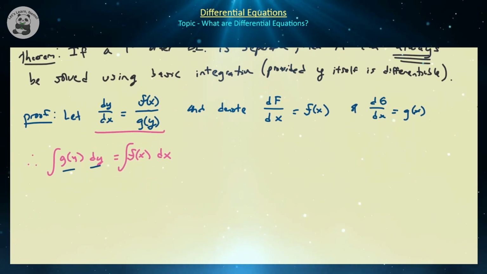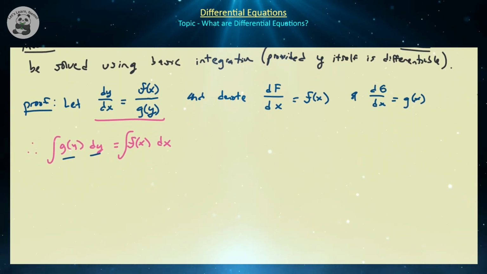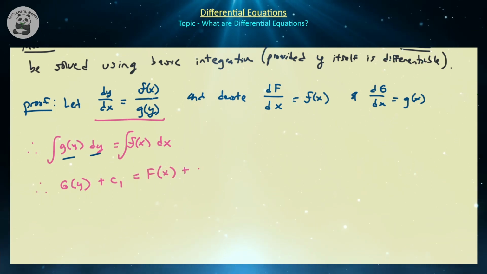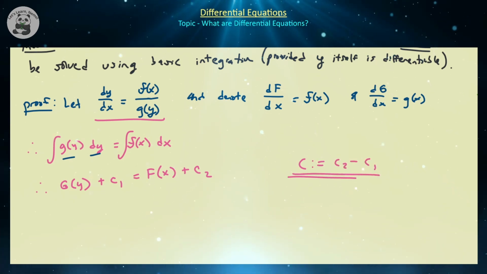So we already know that capital G is the antiderivative of little g, so we can rewrite that as G(y) plus some arbitrary constant c1, and the right-hand side would be F(x) plus some arbitrary constant c2. Some people will just combine the c's on one side, either the left or the right. It doesn't really matter. So we can define capital C to be equal to c2 minus c1, or you can just define that C to be arbitrary anyway.